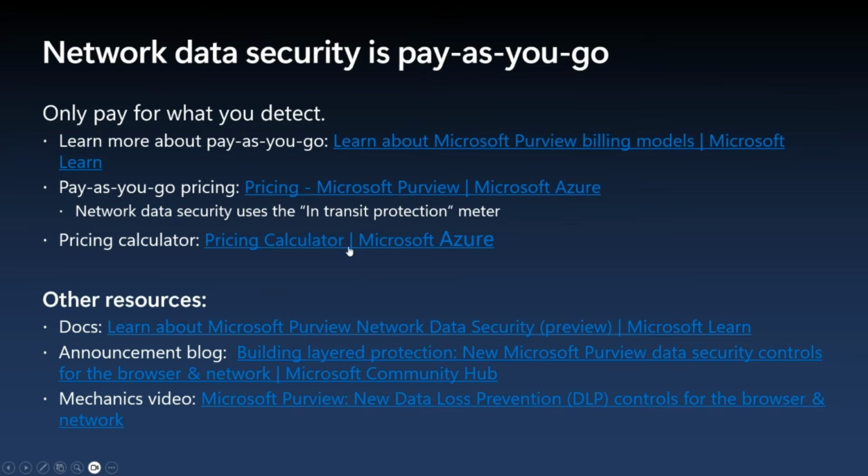If you're only interested in using this integration for very select generative AI and maybe very select activities or sensitive information, that's going to limit and reduce how much you have to pay overall. So the key strategy here is to make it super flexible for customers to only pay for what is essentially detected and classified, and what we look for as sensitive based on those policies that you configured.